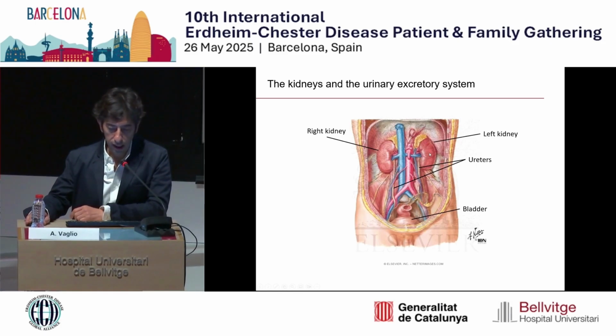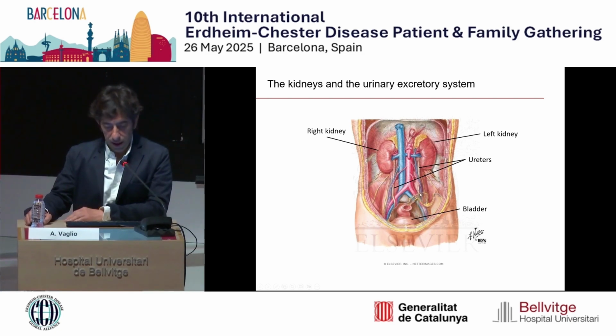The blood goes to the kidney, it goes back through the renal veins, and it goes into this big vein, which is the inferior vena cava. The kidneys produce urine, which flows through the ureters, these tubes that go into the bladder. So the urine flow is kidney, ureter, and bladder.